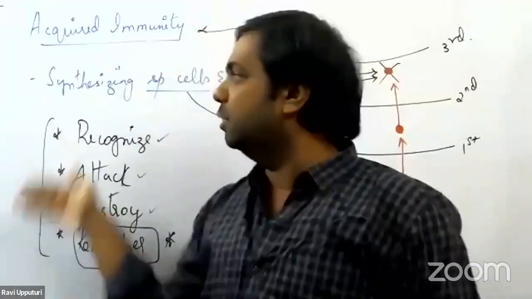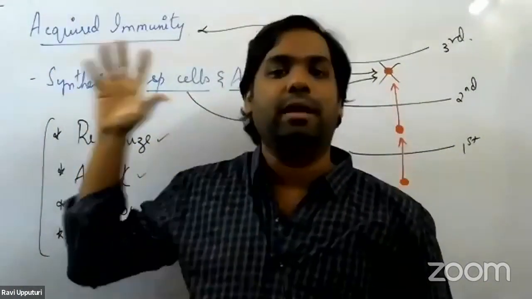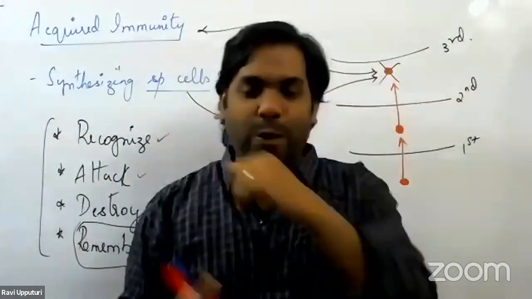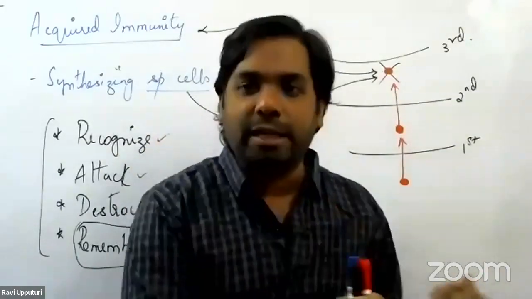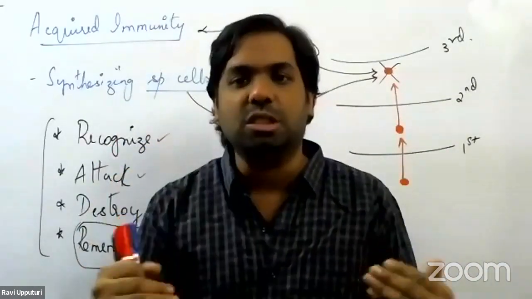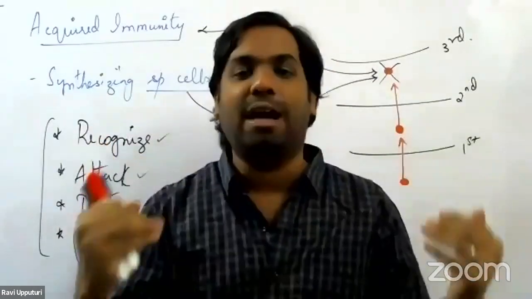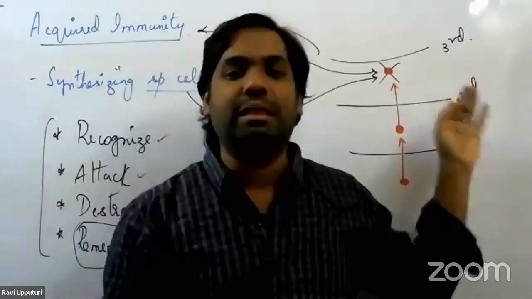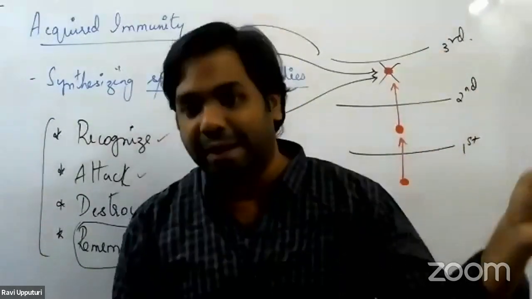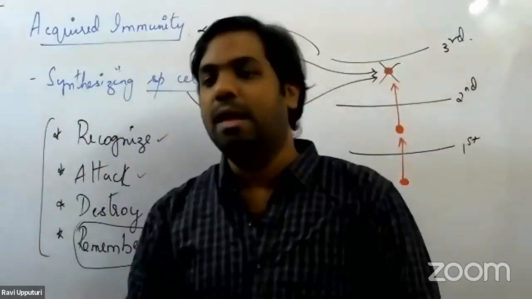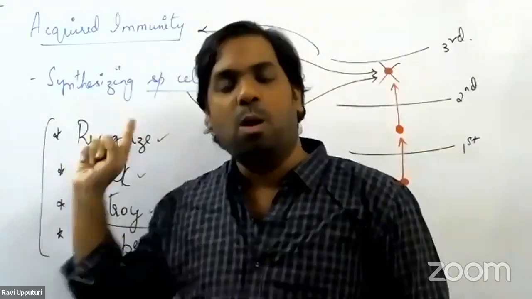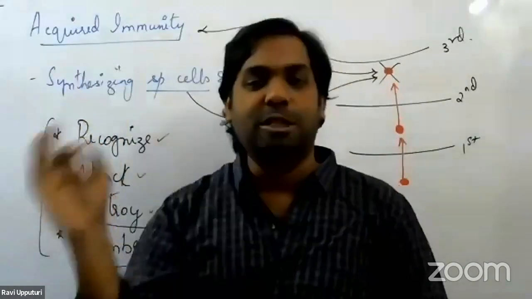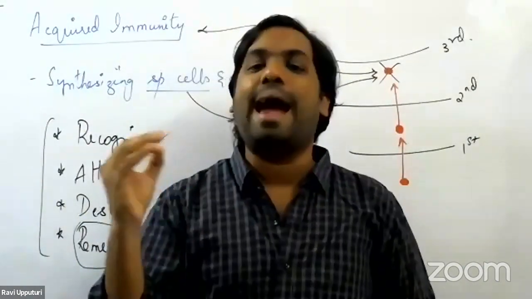So this is how the acquired immune system acts. Whenever the first and second lines of defense fail, whenever the innate immune system is not able to perform its functions well, the acquired immune system, or the third line of defense, will start operating. They would first recognize the pathogen, and then synthesize specific specialized cells as well as antibodies.